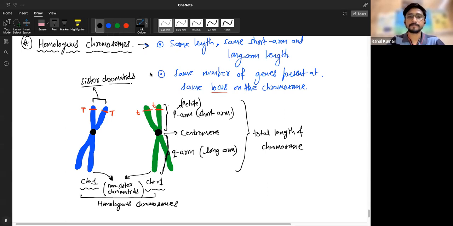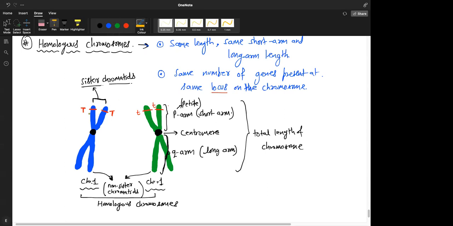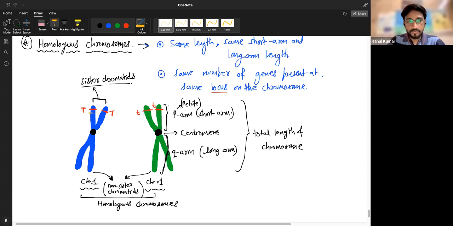Is it clear? Let's say there is another gene here close to this capital T, and this is for round, capital R. So this also will have round, capital R. But here, let's say from the other parent at the same locus, it is small r, the recessive one. And here it is small r, again, the recessive one.